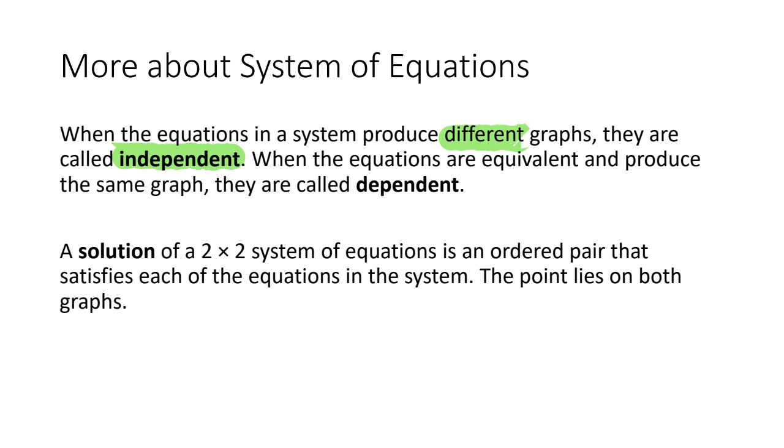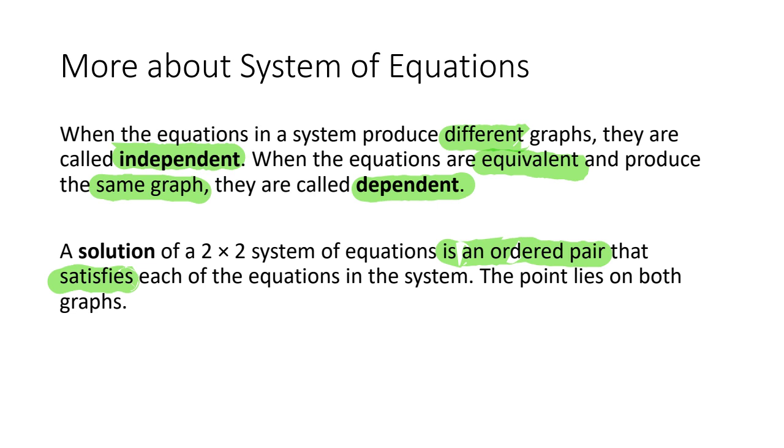But if they're equivalent and produce the same graph, which means they sit on top of each other, they are dependent. And just as I told you, a solution is an ordered pair that satisfies each equation in the system, which means when you get an answer, it must make both equations true if you verify or check your answer.